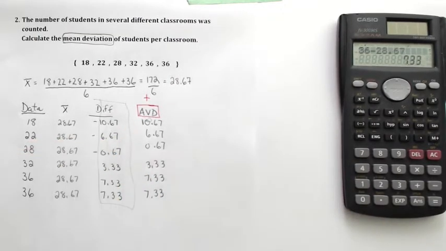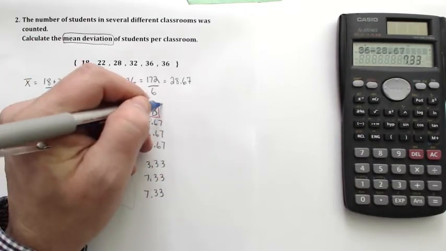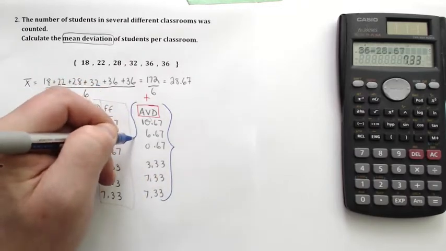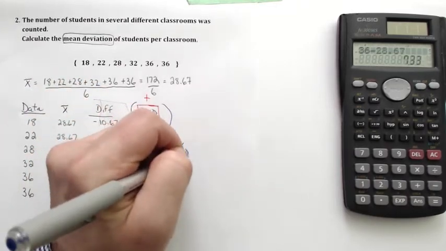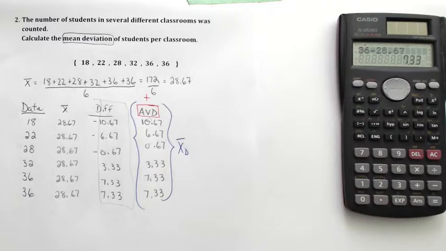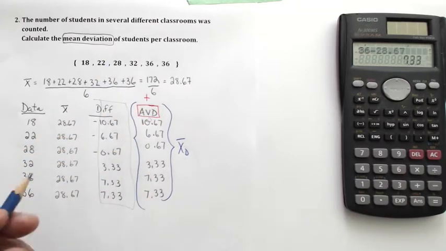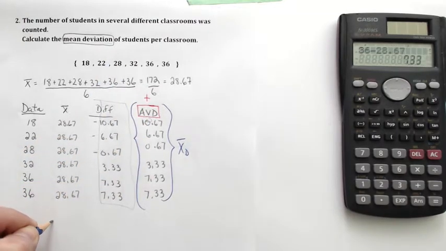So the last thing to do once we've got all those differences is we're going to take this list of numbers and calculate the mean deviation, that being the symbol for mean deviation. So, really simple, the average of those numbers. I'm a fan of the symbol.